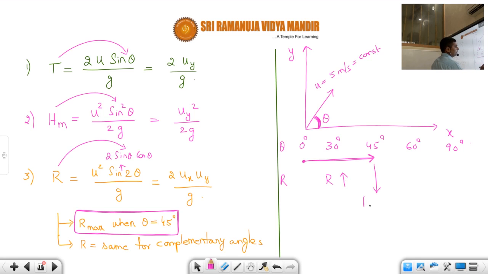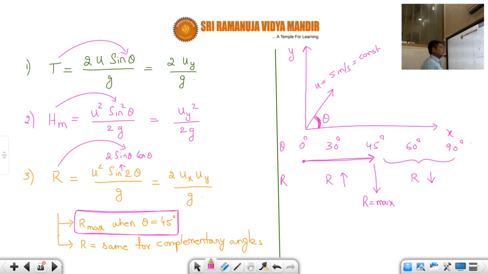Then at this point the range will become maximum. Afterwards, during this interval, the range will decrease. You can also verify because it is dependent on sine 2 theta.